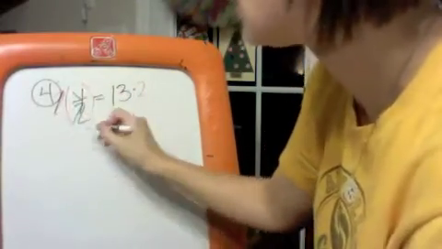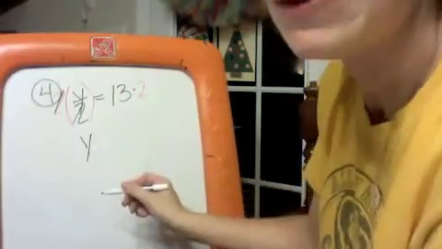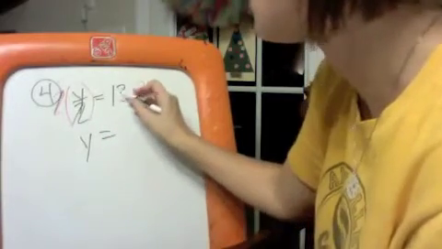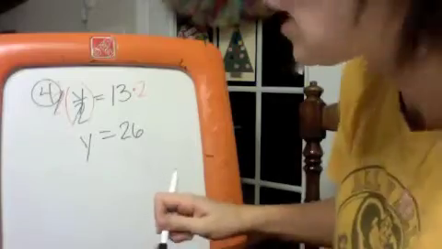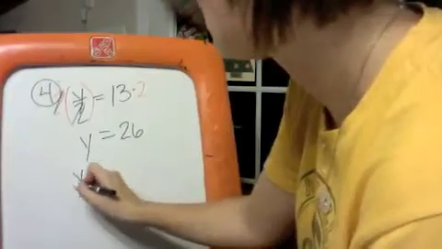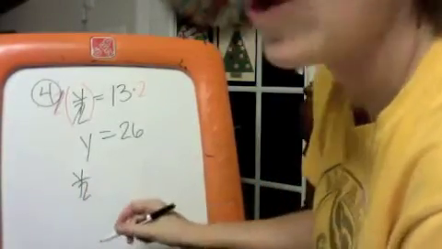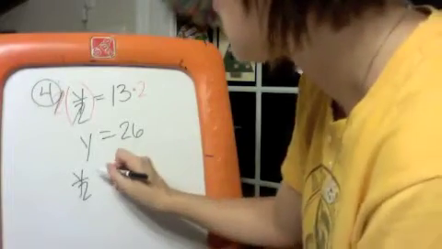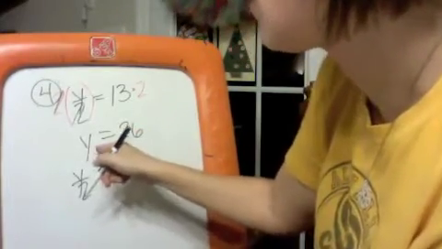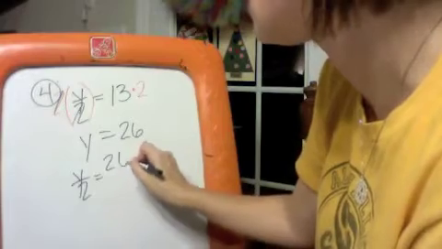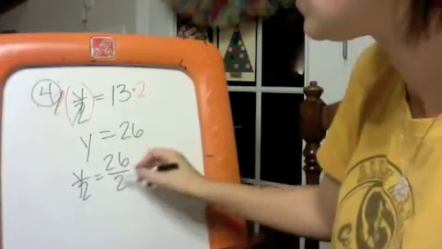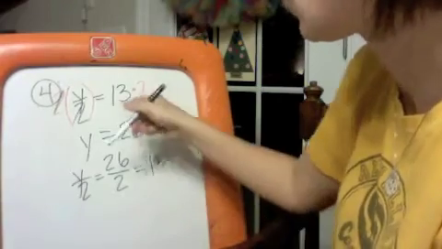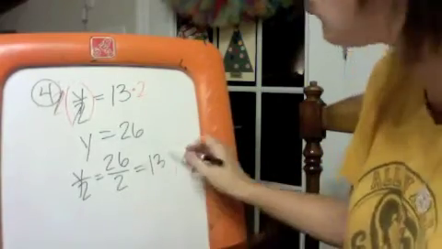My 2s are going to cancel out, so I have a y that I'm left with equals, and then 13 times 2 is going to be 26. I have to now check this. y over 2. We're going to substitute back in. We found that y is 26, so 26 divided by 2 is going to be 13, and I started off with 13, and so it checks out.